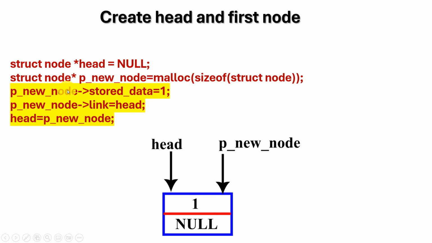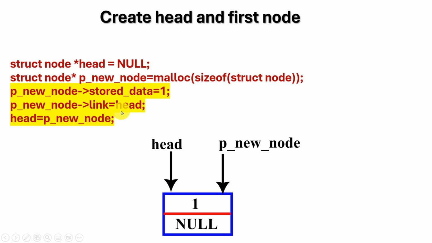Next, we need to execute these three code lines. The first line will store an integer 1 inside of store data. Consequently, this block over here in our node will contain 1. Next, we need to set the link of our new node. So we are writing pNewNode link is equal to head.